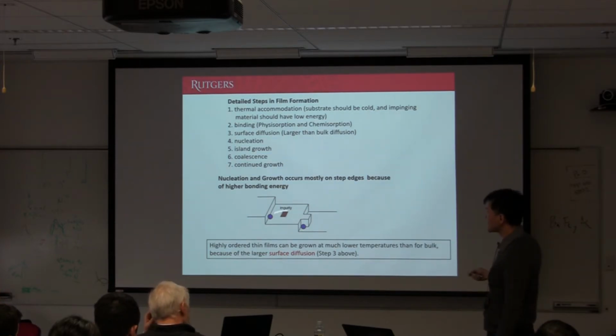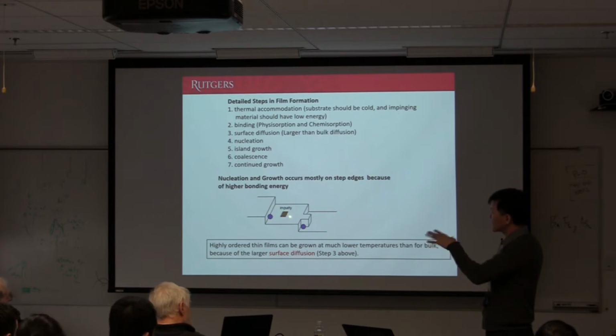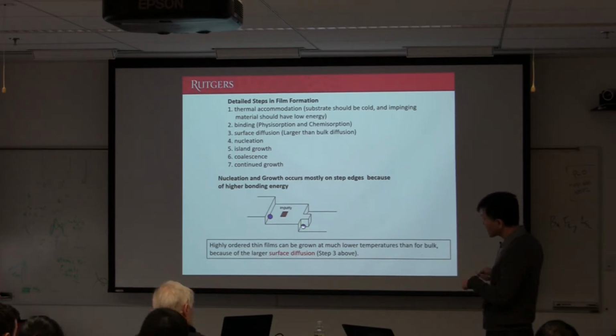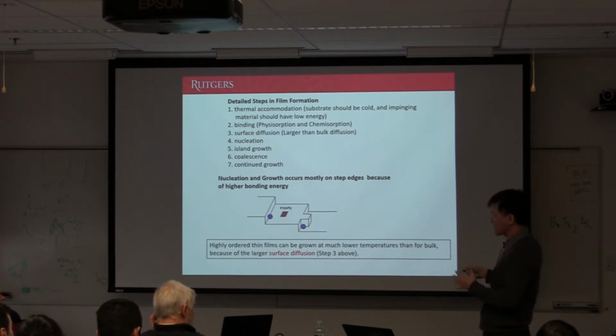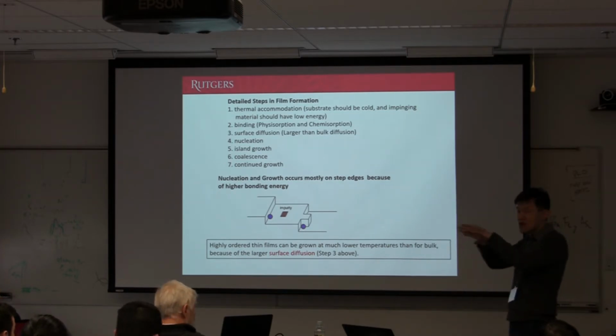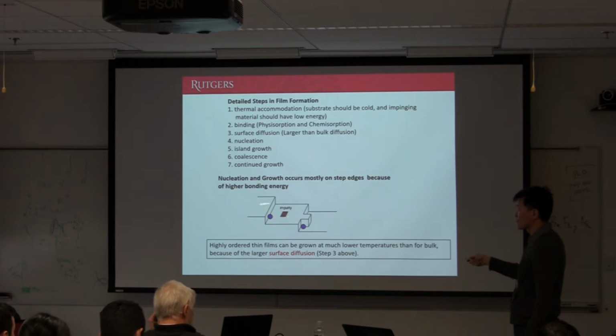If you understand that, then you can realize that if the surface diffusion is fast enough, the nucleation and growth usually occur at the step edges or corners, because if you go to a corner, the number of bonds grows, so atoms cannot move around easily and they get stuck. So if you have high enough surface diffusion, the growth usually occurs through the step edges instead of in the middle of nowhere.